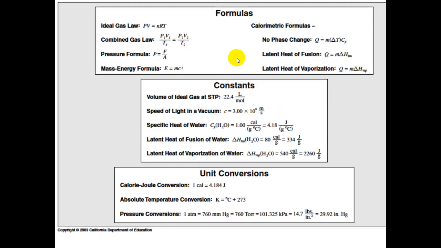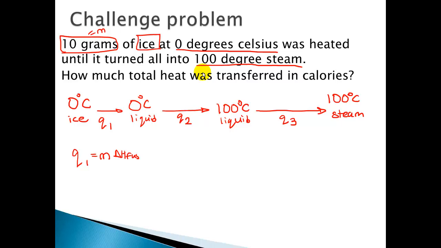If we look on the back of the periodic table, we can see that for a no phase change, we will be using this equation here. So let's go ahead and set that up. Q2 is mc delta T, and for the third one, we're changing from liquid to a steam, and this is a phase change, and we'll use m times delta H vaporization.